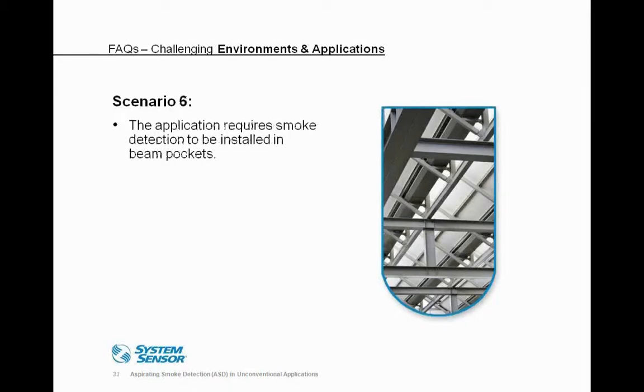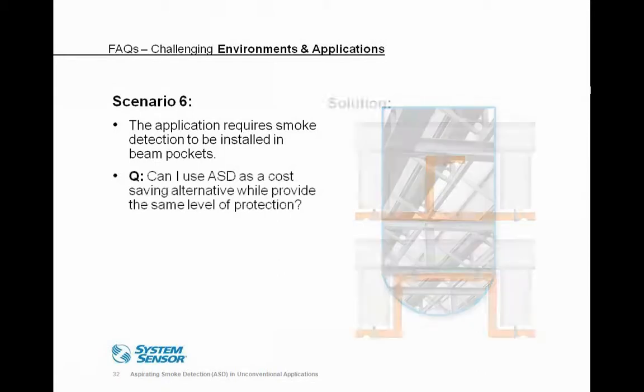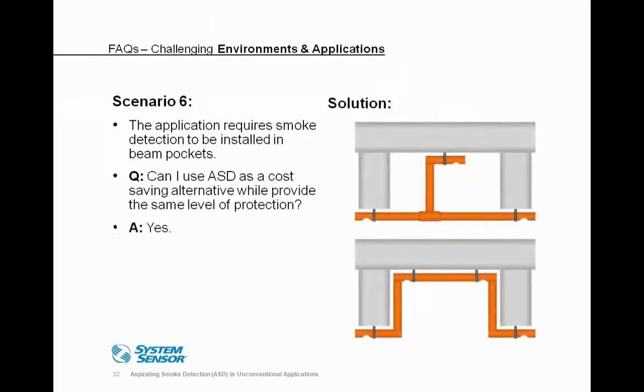Next scenario, which is also common: smoke detection per code is going to require detectors in beam pockets. Traditional detectors can be costly if you need one in each beam pocket, so a lot of customers are using air sampling detection, running the pipe network, as you can see here, in a couple of fashions.